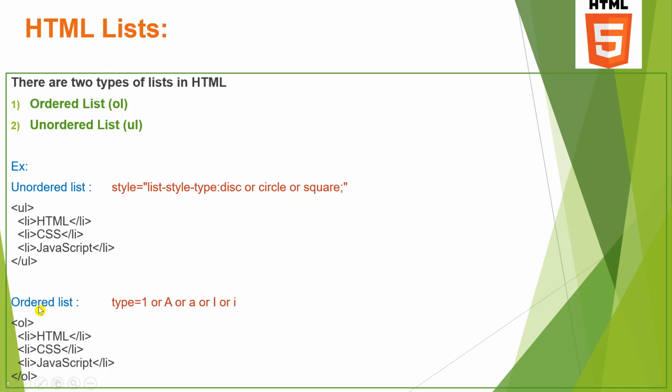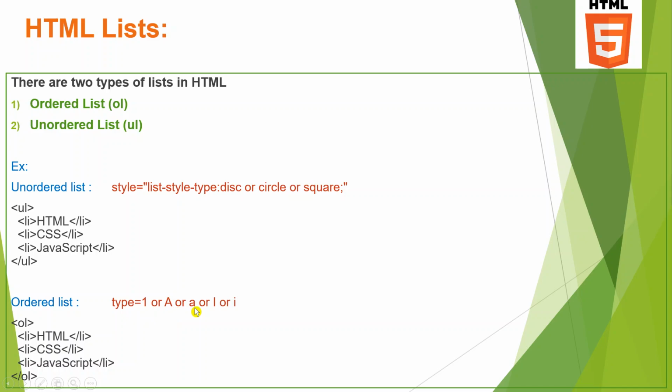If you want order, then you declare that list with the ol tag, ordered list. Then it will display as a sequence 1 2 3, or capital A B C, whatever type you give, according to that it will display.